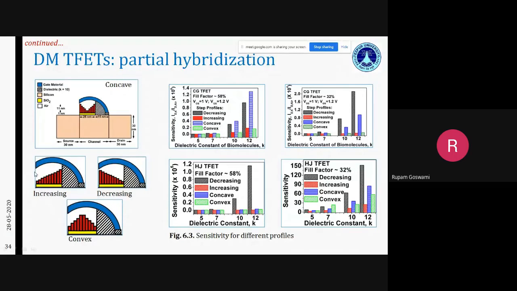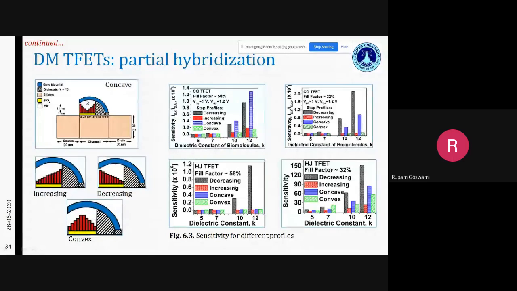Now take for example this increasing profile. Towards the left hand side, or towards this junction, I have a very small step, which means in this particular case air will be the dominant dielectric material. Air has a very low dielectric constant, so you will have lower currents. The same reason goes for convex.